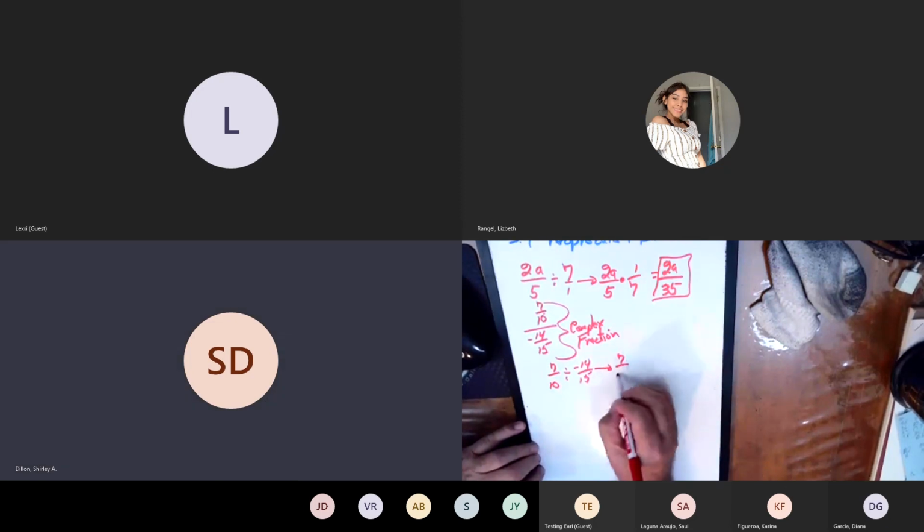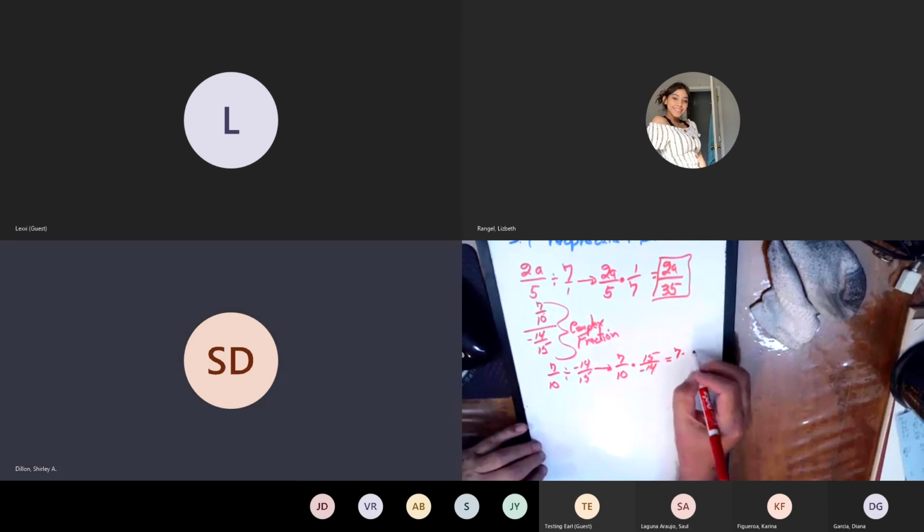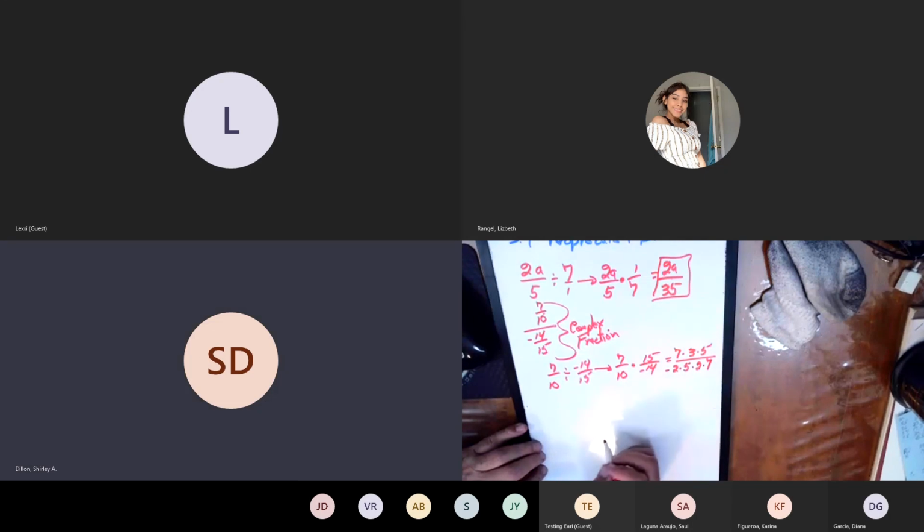You leave the first fraction alone, you flip the second one, and you multiply. Invert and multiply. And so I get 7 times 3 times 5 over 2 times 5 times 2 times 7, and I've got to keep a negative somewhere. I'll keep it there.